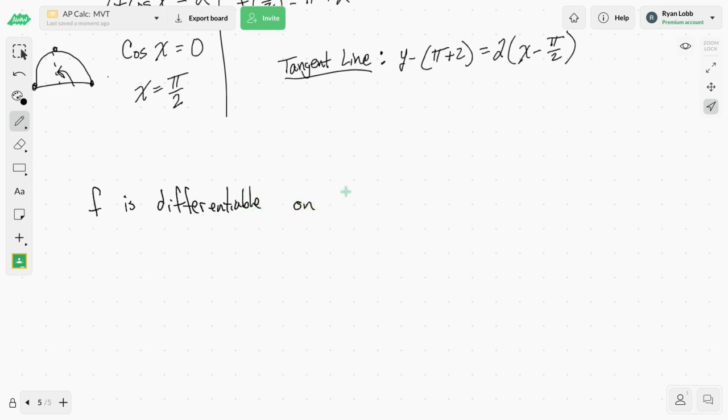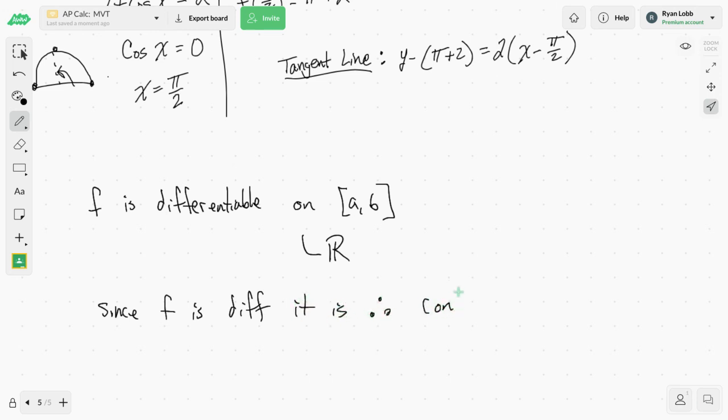on some interval, right? So you might be told this, like f is differentiable on AB, or f is differentiable on the real numbers. And then what you would state is, since f is differentiable, it is therefore continuous on the interval. And then that's how you get your continuity justification.